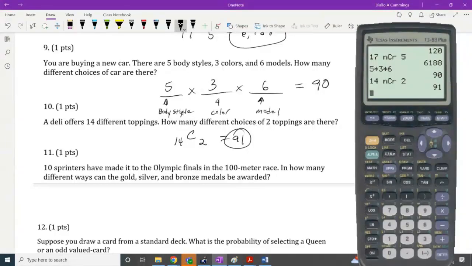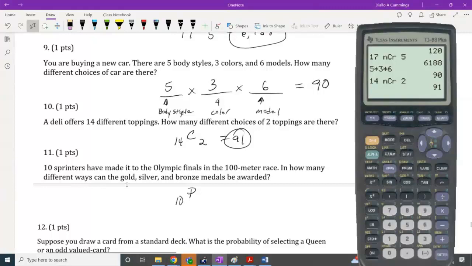All right, number 11 says 10 sprinters have made it to the Olympic finals in a 100-meter race. In how many different ways can gold, silver, and bronze medals be awarded? Permutation, because you don't want the person walking across the finish line getting the gold medal. So what's the total number of sprinters? 10.